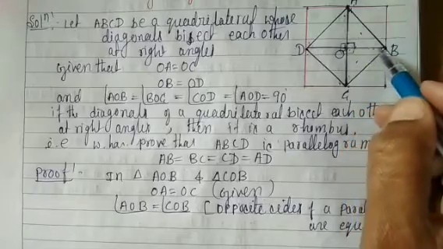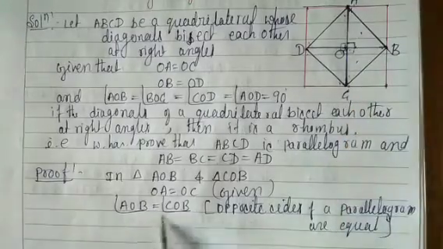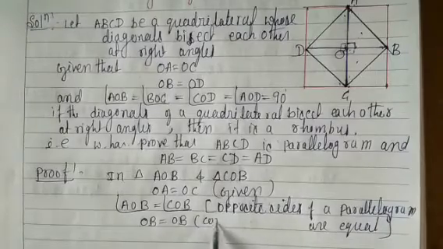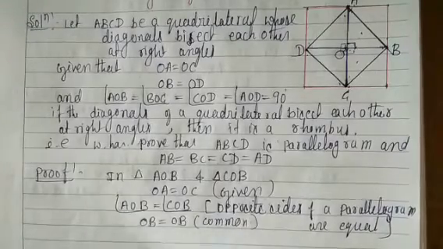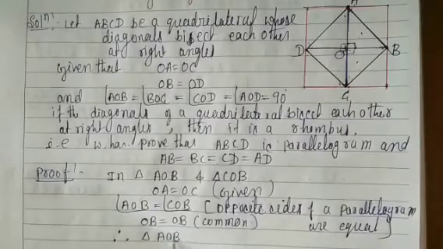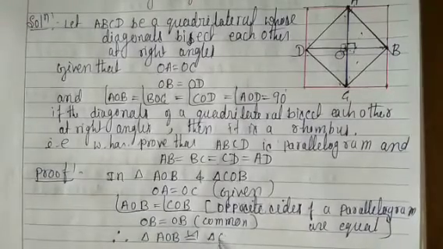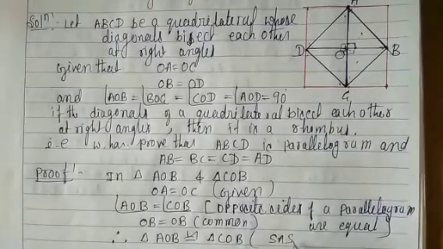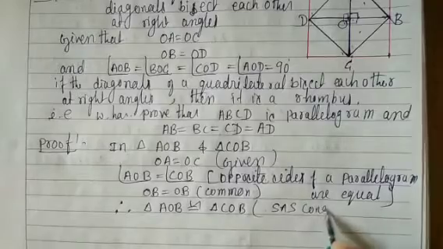Yes, the common side is BO or OB. OB is equal to OB, common side. Therefore, triangle AOB is congruent to triangle COB by SAS, side angle side congruency.